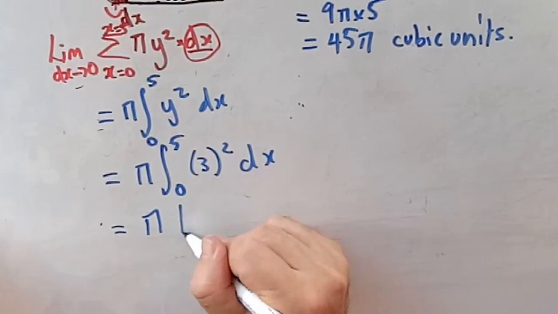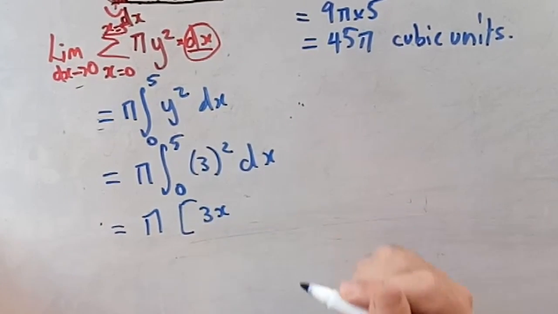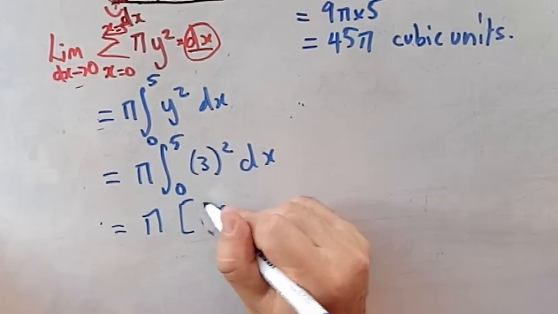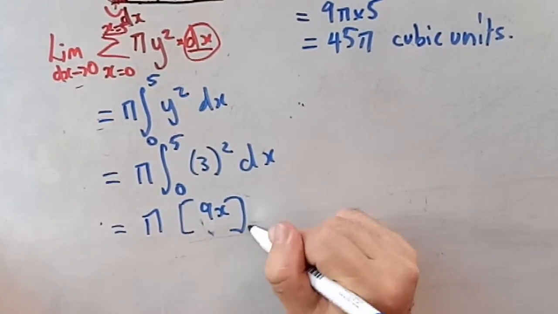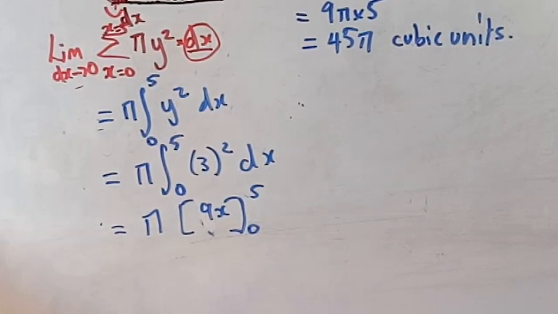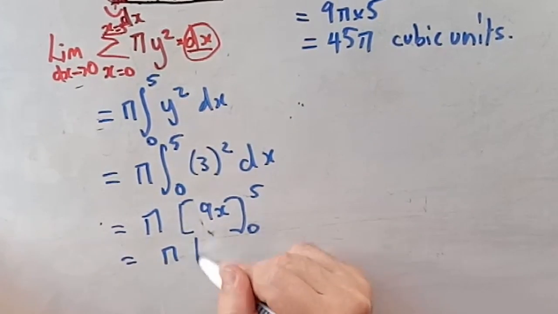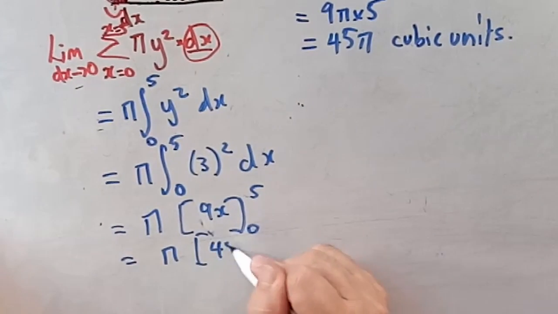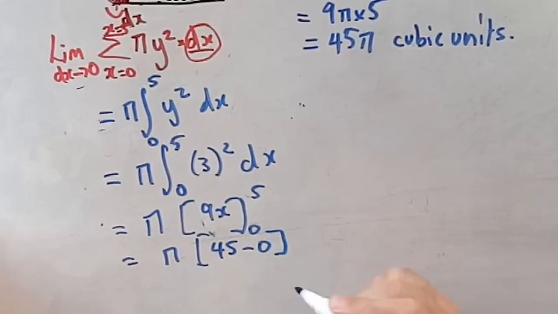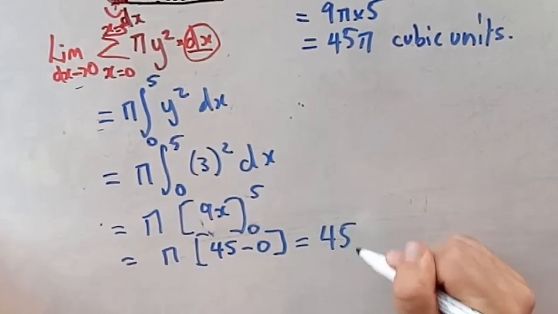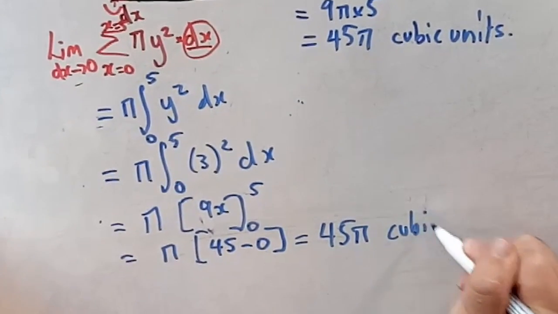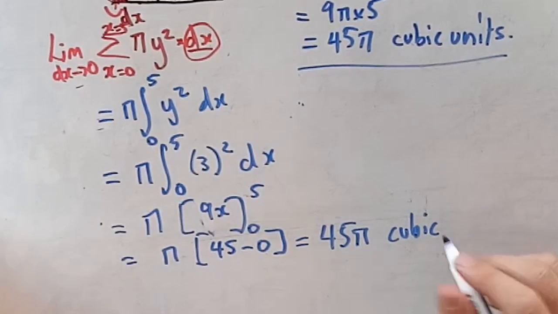We just get 9x, between 0 and 5. So we get pi, 9 5s are 45, minus 0. We get 45 pi cubic units. Not a big surprise. We already knew the answer.